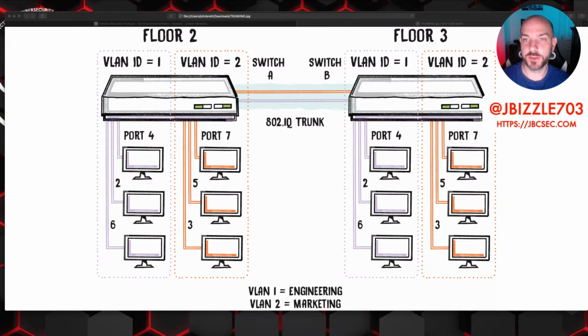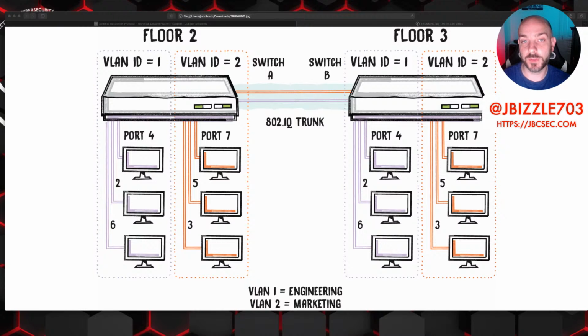If we look at the right-hand side of this diagram, we have another switch on another floor in a building, and it too has VLAN 1 and VLAN 2. When we create a trunk link between those two switches, we now allow all of the ports that are in VLAN 1 on the floor 2 switch to communicate with all of the other hosts that are in VLAN 1 on the floor 3 switch.